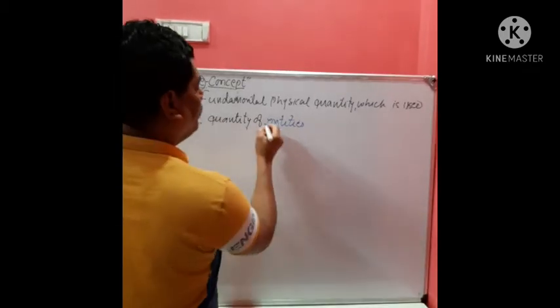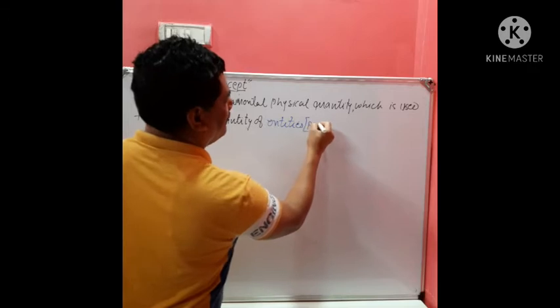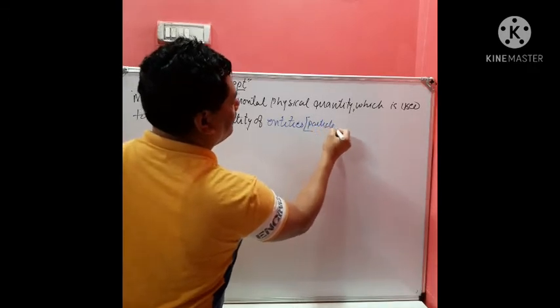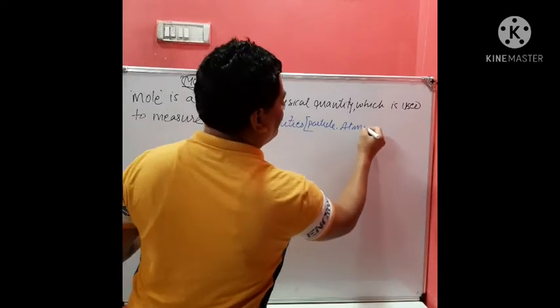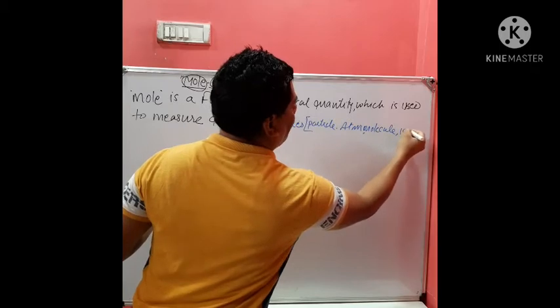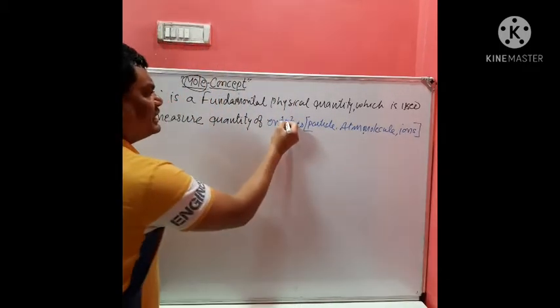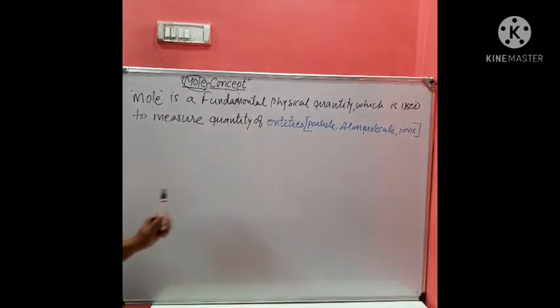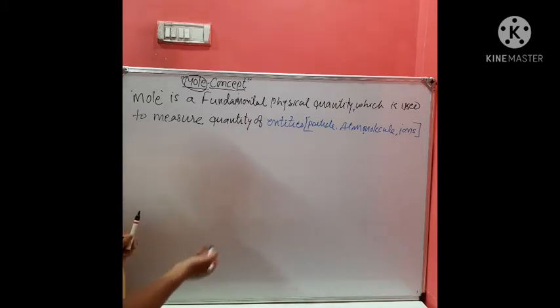Now what is the meaning of entities? The meaning of entities is particles: atoms, molecules, ions. These are called entities. So basically the mole is used to measure the quantity of entities.